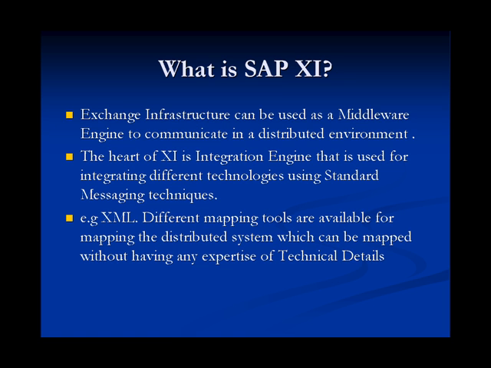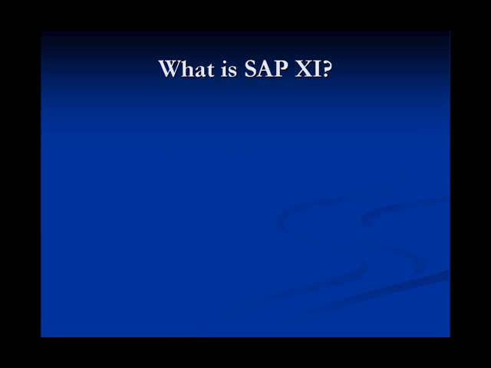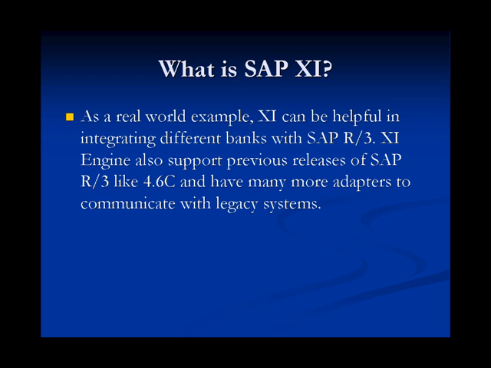SAP XI supports different mapping tools for mapping the distributed systems, without needing expertise in technical details. As a real world example, XI can be helpful in integrating different banks with SAP R3. The XI engine also supports previous releases of SAP R3 like 4.6C and has many adapters to communicate with legacy systems.